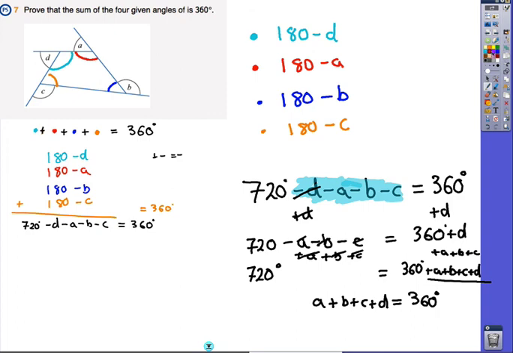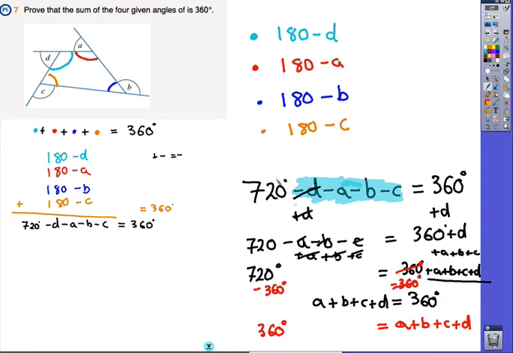If you don't like that cover-up method, just subtract 360 on both sides. This will cancel out, and you're left with, well, 720 take away 360 is 360 degrees, is equal to A plus B plus C plus D. So the sum of A, B, C and D is 360 degrees.